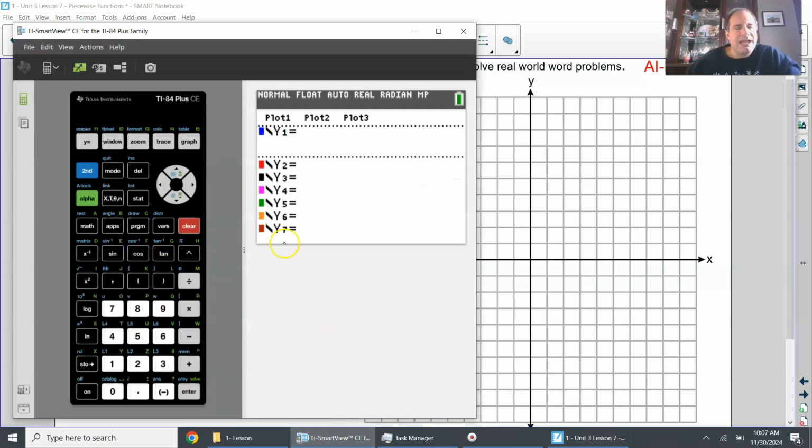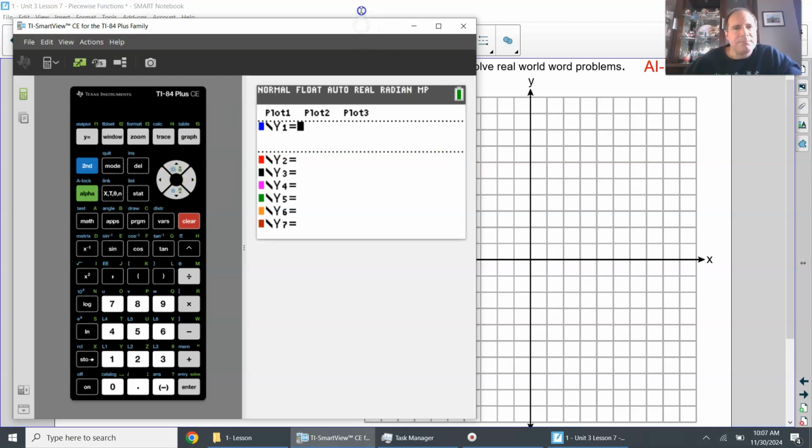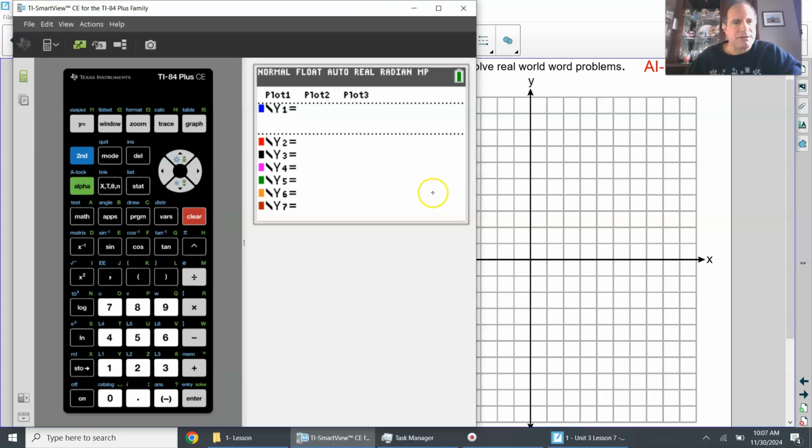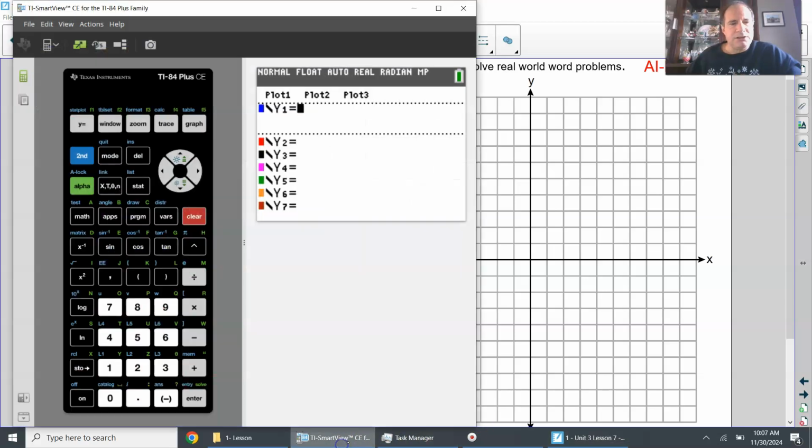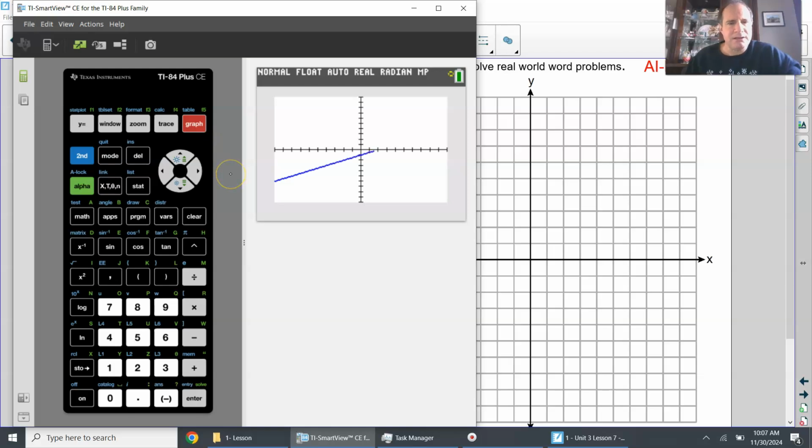But let's go ahead and put this directly into the calculator first because I want to make sure that you could use that calculator. It's going to help you. Remember, it's 1/2 x minus 1. So we're going to put 1/2, this is alpha x, which is 1/2 x minus 1. Then we could press graph and we could see what the line is going to be.